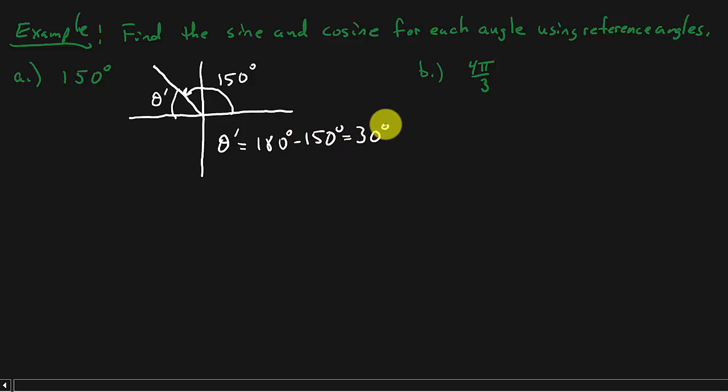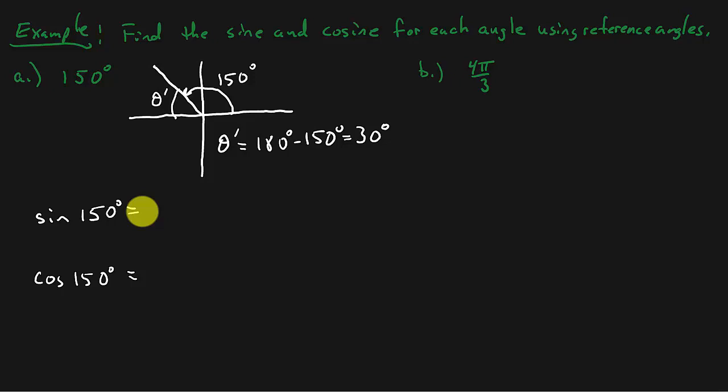All right, so now I can find the sine of 150 and the cosine of 150. First, let's find the cosine of 150, and then we'll do the sine.